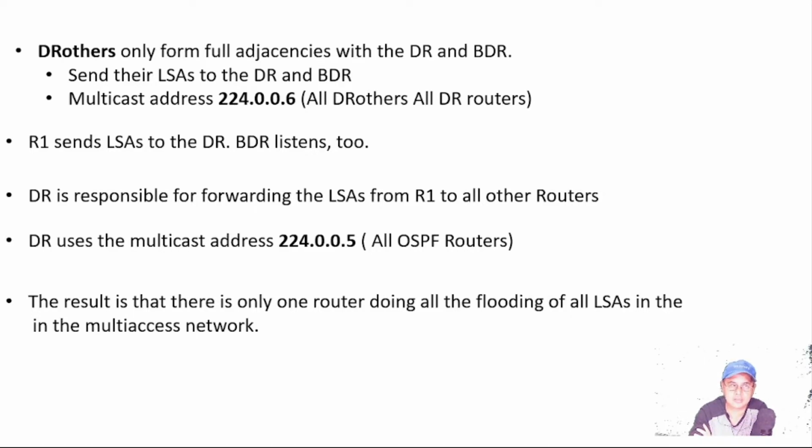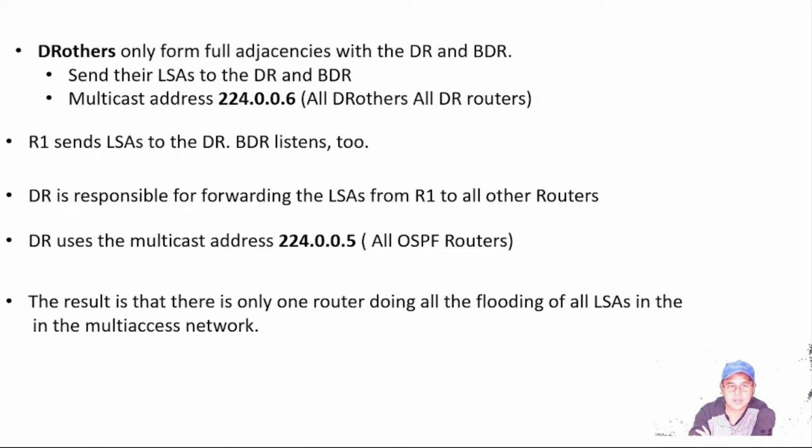Okay? And the DR others send their LSAs only to the DR and BDR. All right? And DR others will use the multi-access address 224.0.0.6 to reach the DR routers.